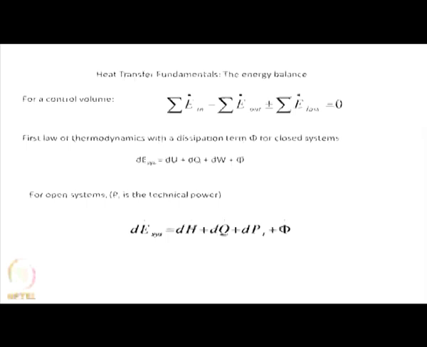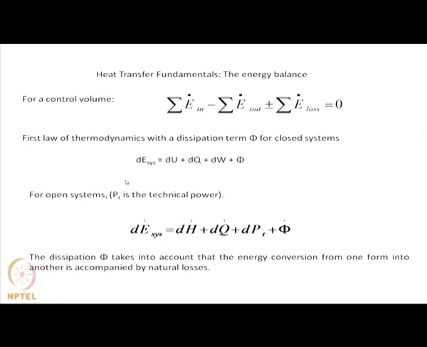If we put in the first law of thermodynamics, then we need to add a dissipation function phi; these are the two equations for closed systems and for open systems, with phi denoting the dissipation term.